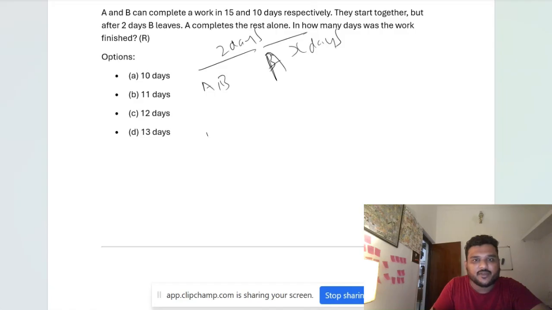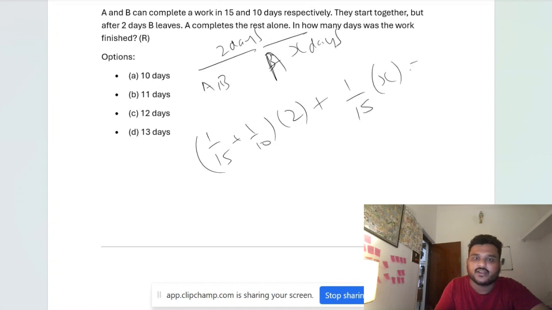Since A and B work together, this is the amount of work that they do in a day, and they work for 2 days. After 2 days B leaves, so A does the rest of the work alone. So let's say A does 1 by 15 work in one day, and it worked for X more days, and it finished the work.